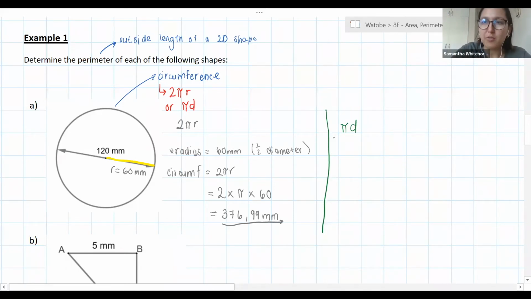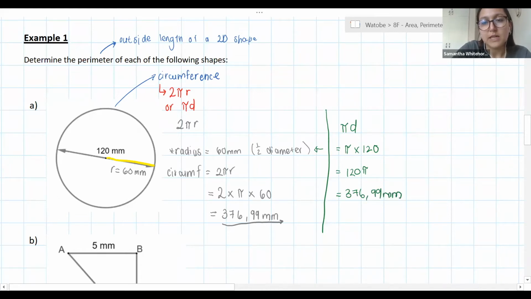Now, in this question, I would probably have chosen this formula just because I was given the diameter, so I didn't have to do this initial step of working out the radius. So this would be equal to pi times 120. And as Rufuna put on the chat, this is actually just 120 pi, exactly the same answer as what we got using the other formula.